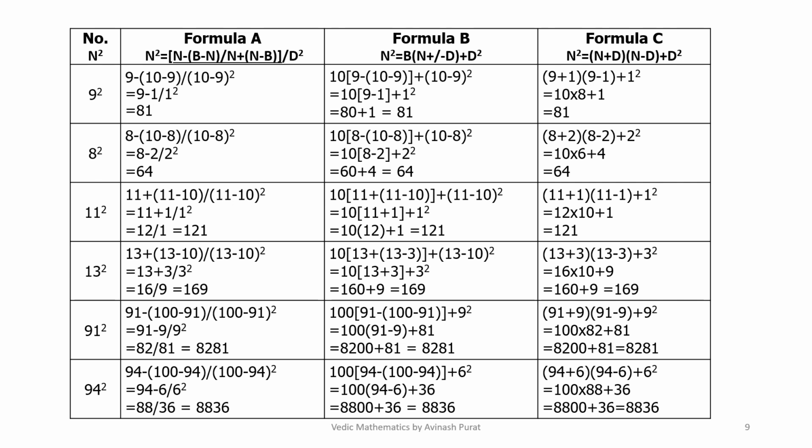Third formula gives (94 plus 6) multiplied by (94 minus 6) plus 6 square, equal to 100 into 88 plus 36, equal to 8800 plus 36, equal to 8836.